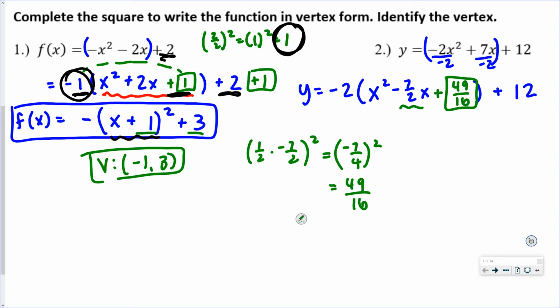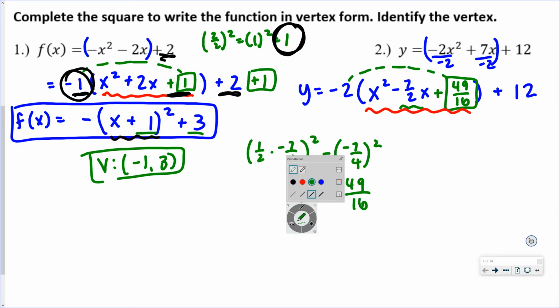Okay, that makes this a perfect square trinomial. So what I really added in though was -2 times that, because there's a number out there. We can't just ignore that we factored out that -2. So I have to do the opposite.